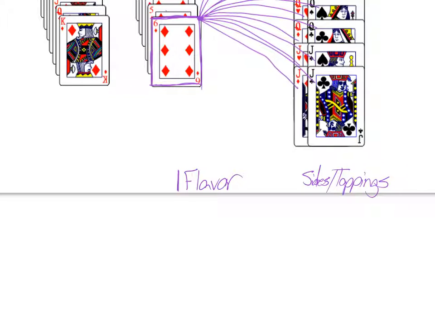What's the other thing we can decide on? A cup or cone? Whether we're going to get it in a cup or in a cone, or what kind of cone. We can get it in a regular cup, or in those cake cones that kind of taste like styrofoam.